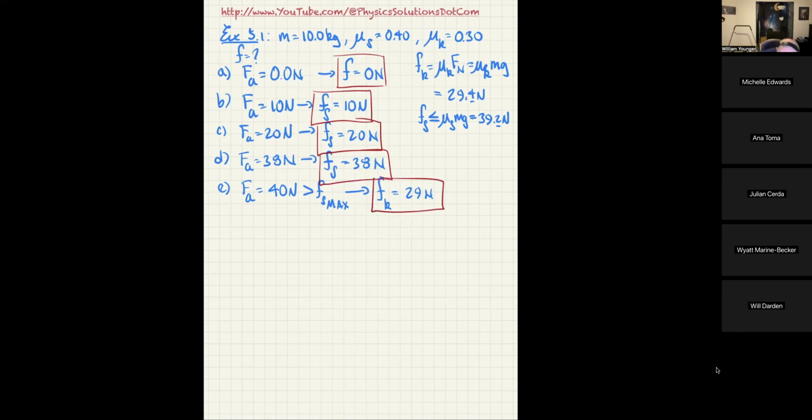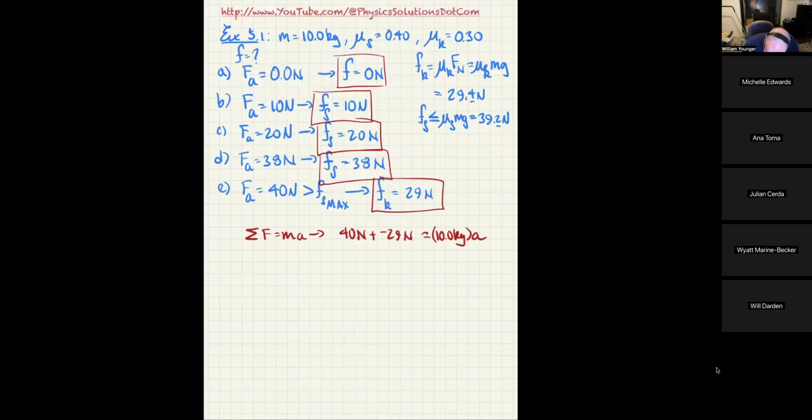And in fact, since Newton's second law says the summation of the forces is equal to mass times acceleration, in this case we would get 40 newtons in the positive direction plus a negative 29 newtons, and it's negative because it's pointing in the negative direction, is equal to 10.0 kilograms times the acceleration.